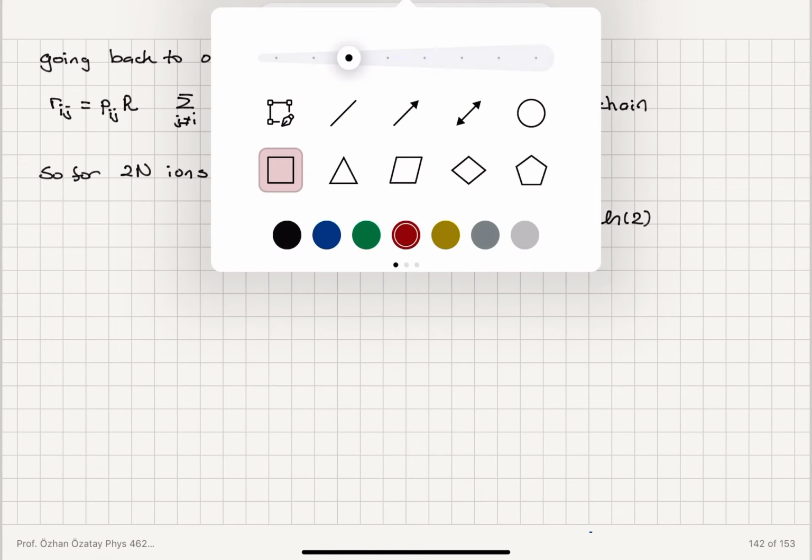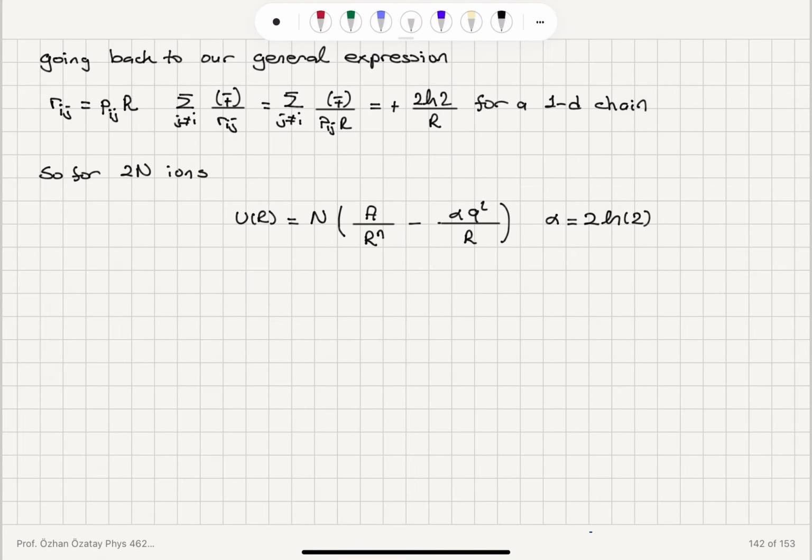All right, so basically we have evaluated the Madelung constant.